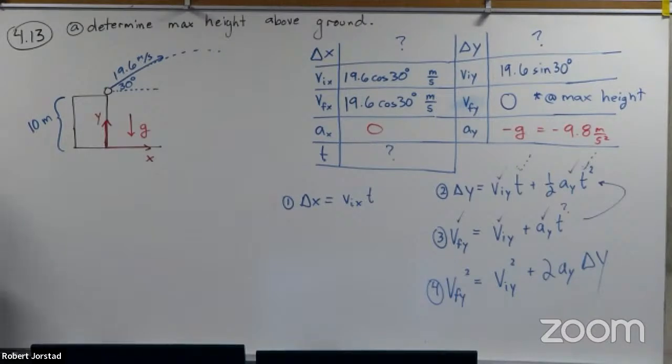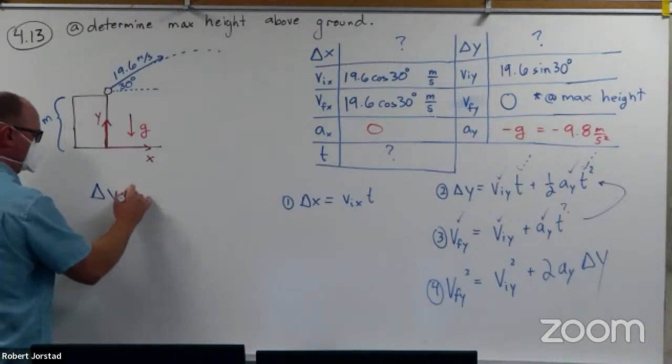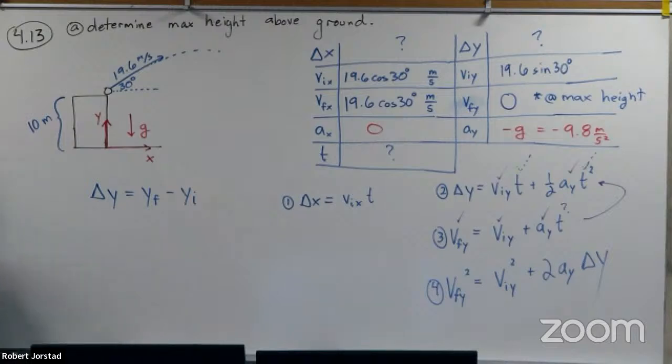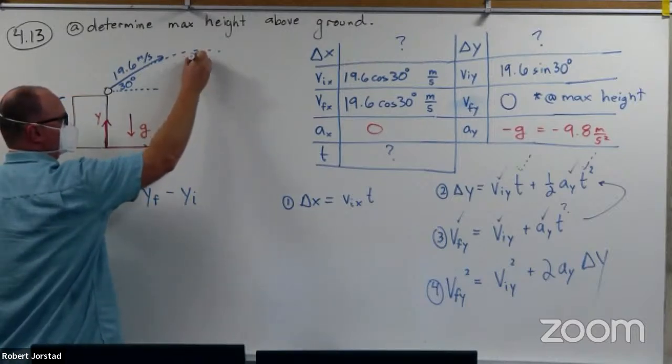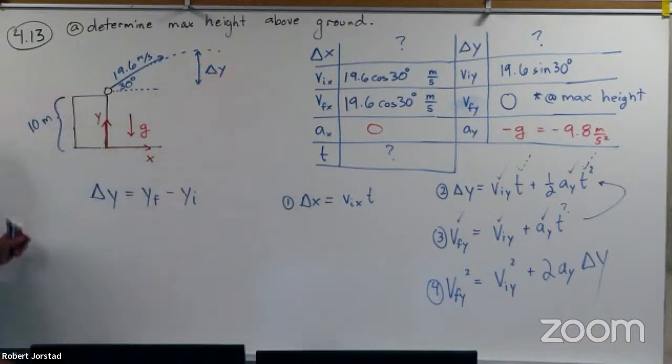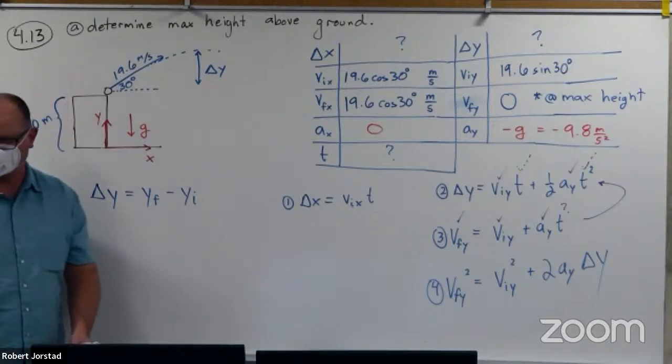Somebody said delta Y is equal to Y final minus Y initial. I agree with that. Well, what is Y initial? Is it here? No, it's up here. So delta Y is actually figuring out this stuff, agreed? So if you can figure out that, hopefully you could add 10 meters to it, and that would be the answer we're looking for, right?